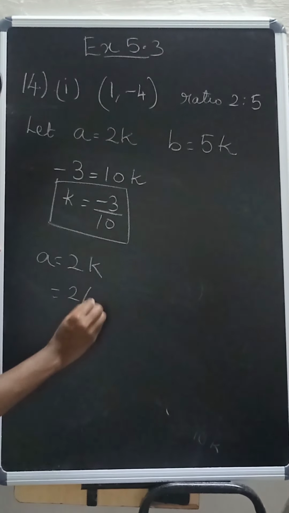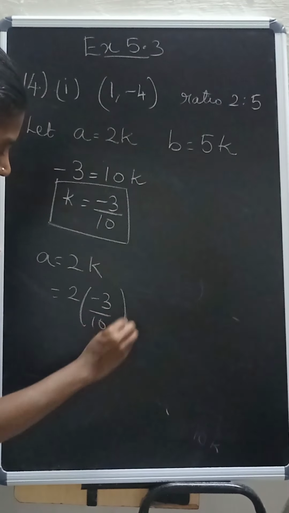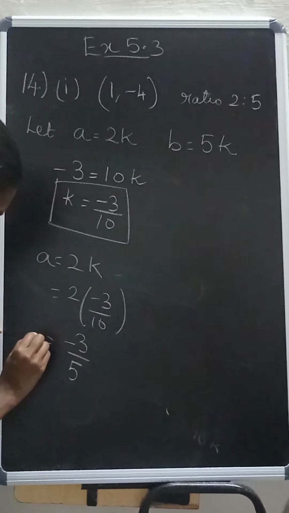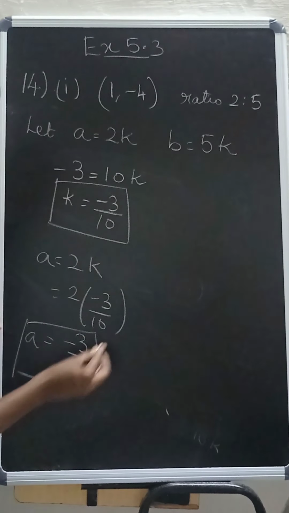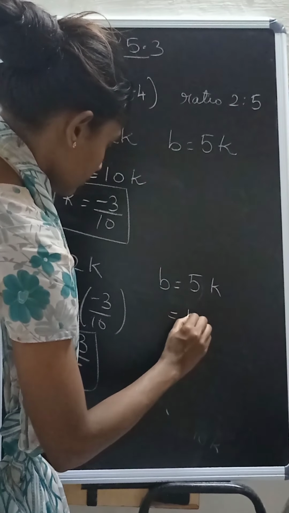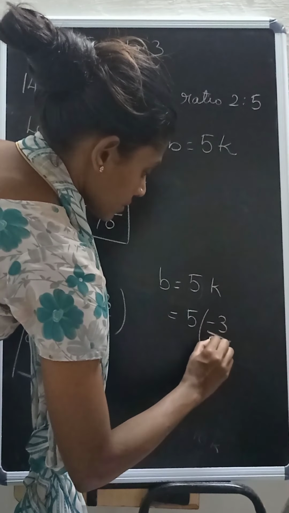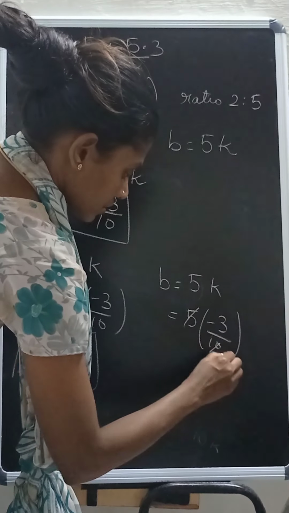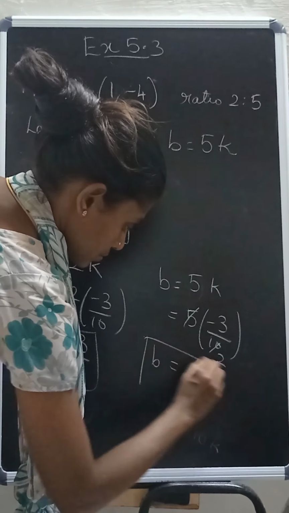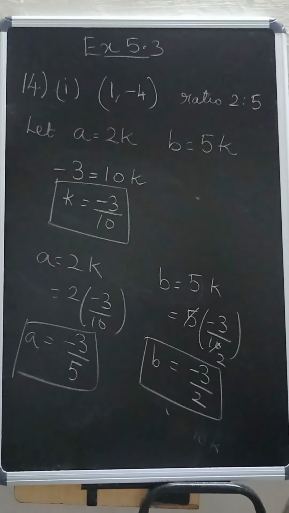So 2 into minus 3 by 10 is equal to minus 3 by 5. b is equal to 5k. So b is equal to minus 3 by 2.